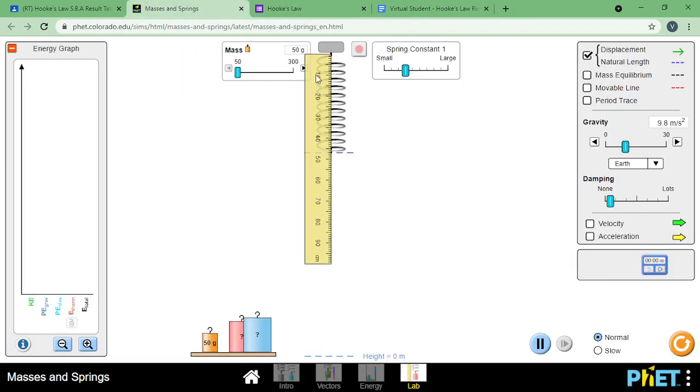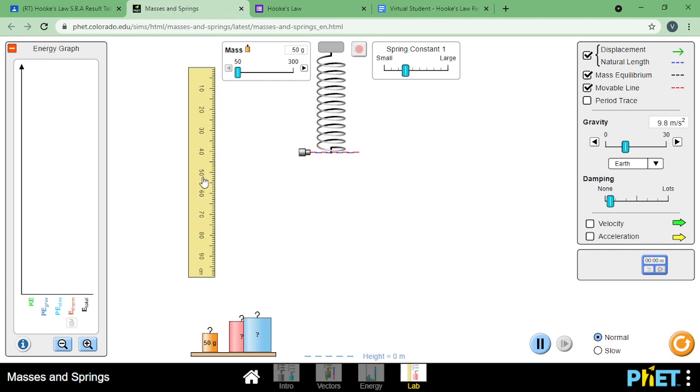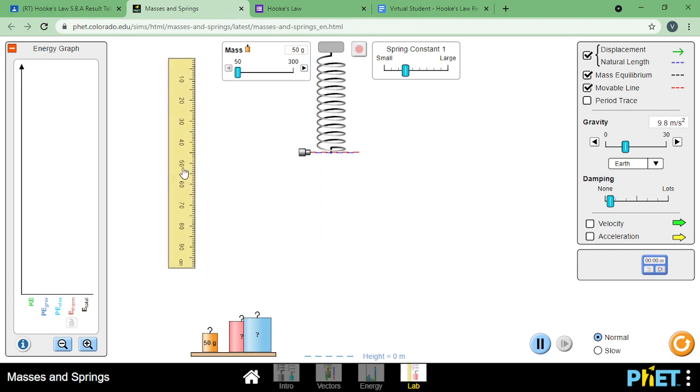As you can see, it is 47. The mass equilibrium, it's not needed, but it can be put there. And the movable line is important, because this can be our marker when things are moved, when you move the ruler after reading.